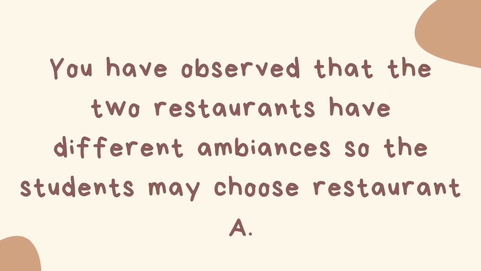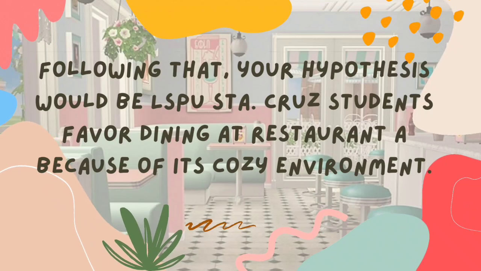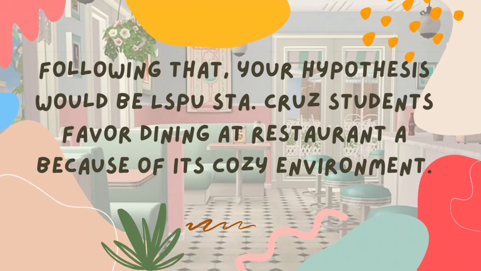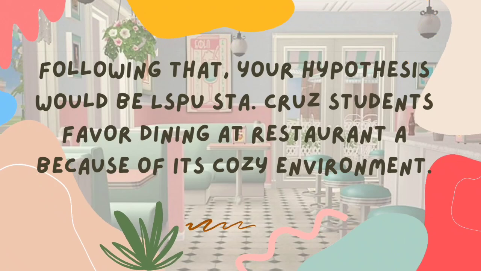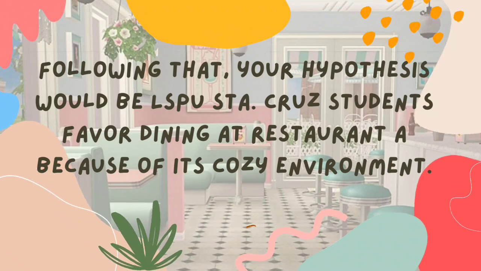You have observed that the two restaurants have different ambiances, so the students may choose Restaurant A. Following that, your hypothesis would be LSPU Santa Cruz students favor dining at Restaurant A because of its cozy environment.